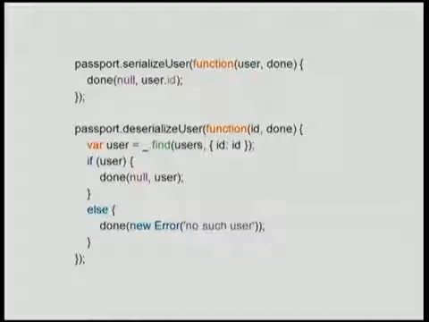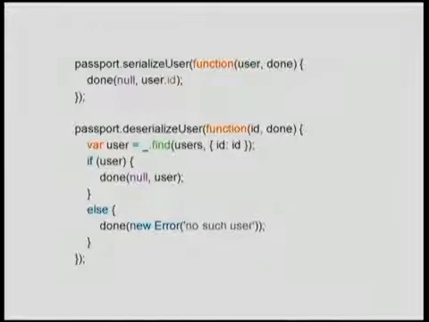And finally, Passport is going to need to keep track of the user while they're logged in, so it's going to need to store some information in the session. And so we have to tell it how to put user data into the session and get it back later. We don't need to serialize an entire user object, despite the name of the serialize user function.